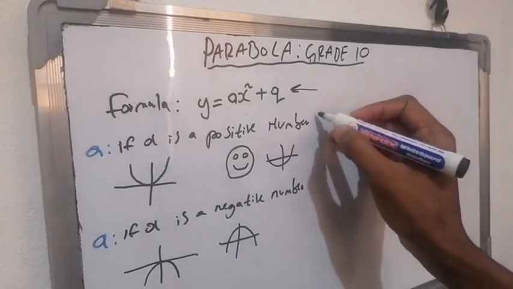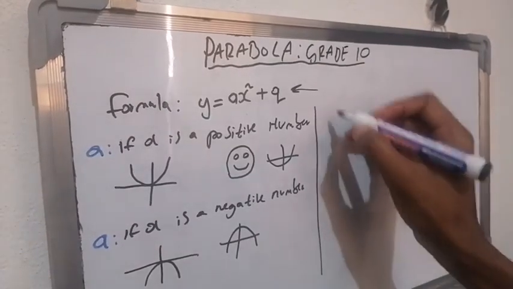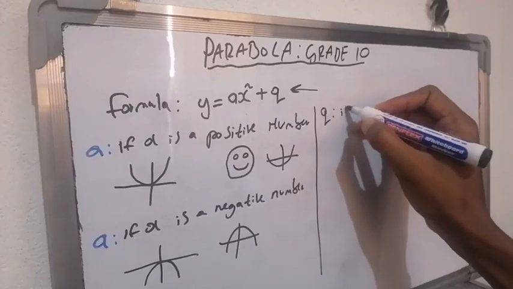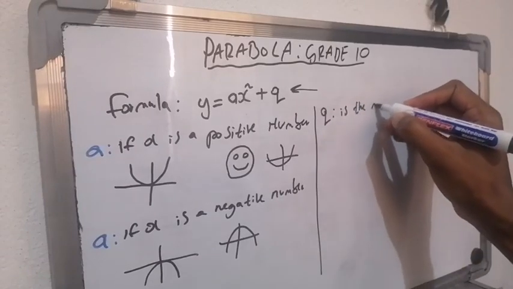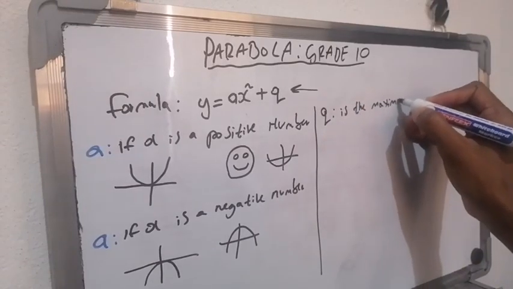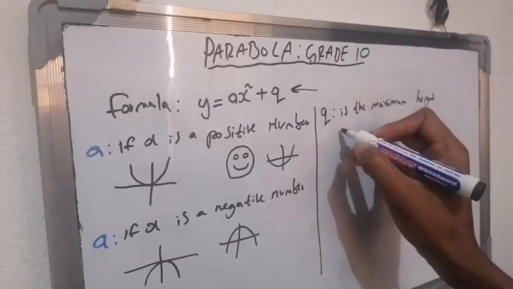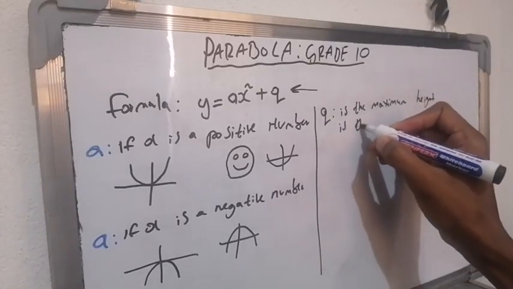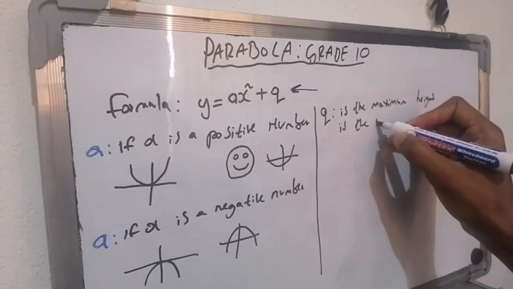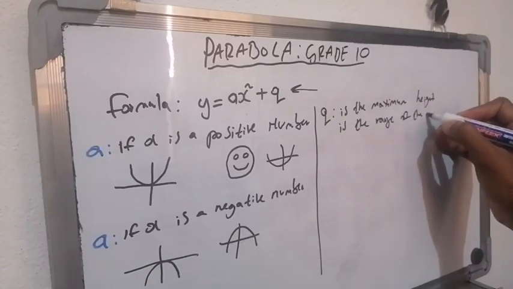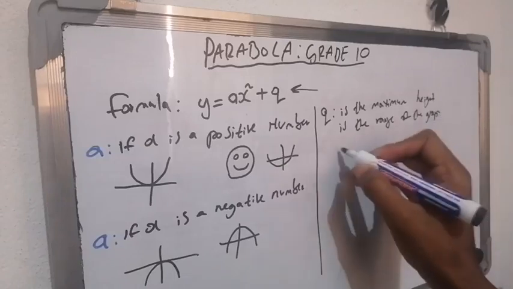Now let's talk about the q. Q is the maximum height, or you can say it is the range of the graph.